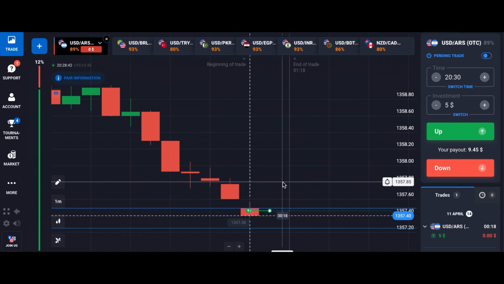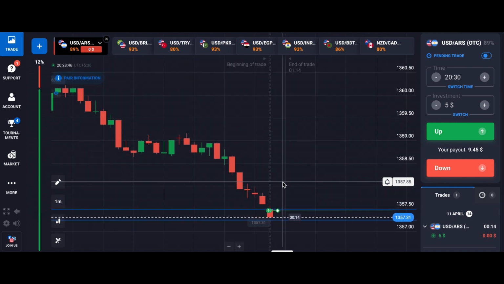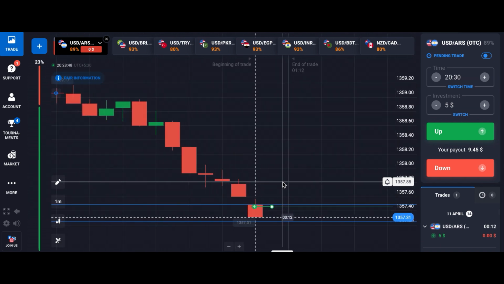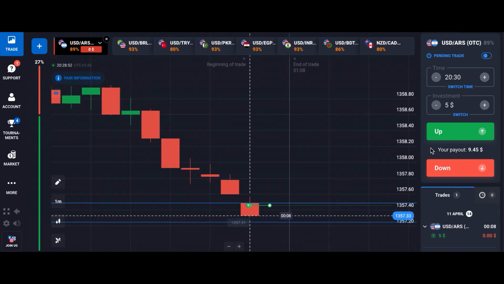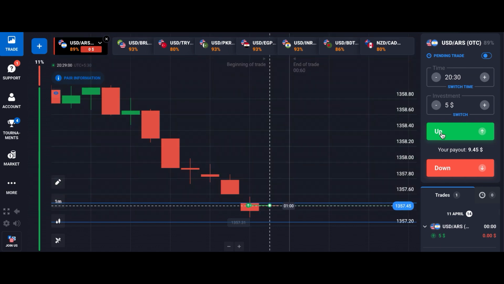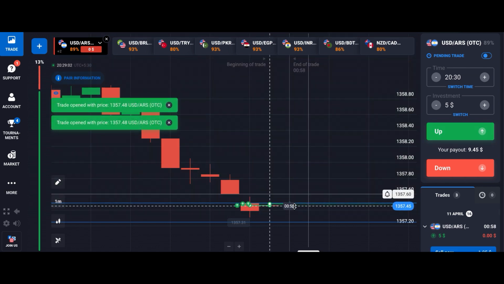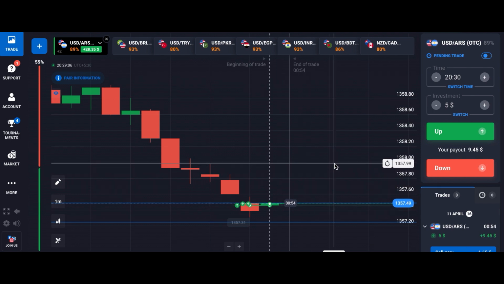If it's in loss, then we will again use the MTG to recover our loss and to make some profit. Okay. Here I will go with the up trade once again with two trades, and now you can see it again opened a huge gap, man.